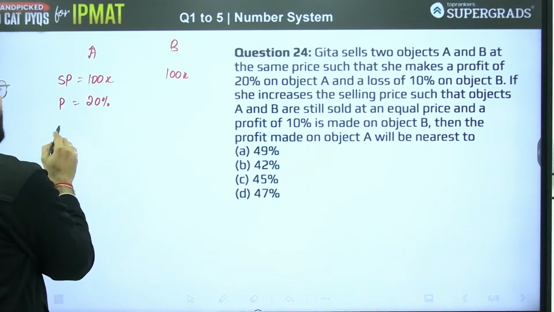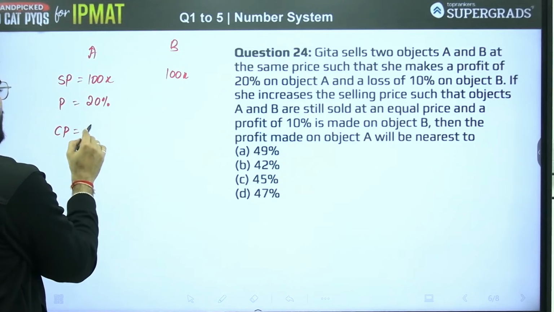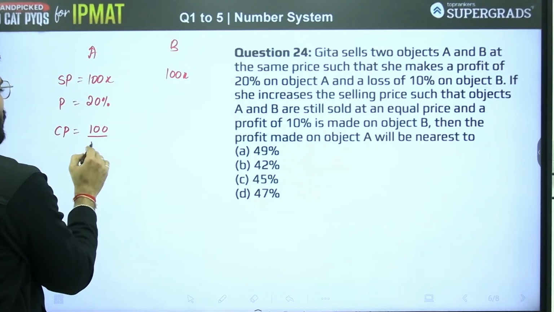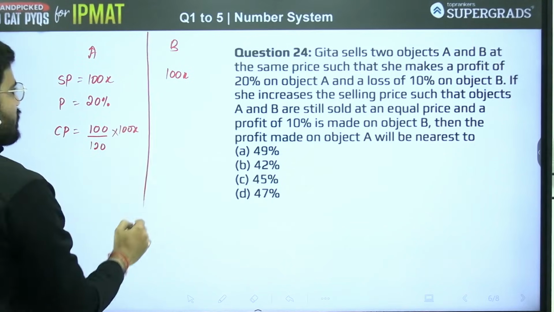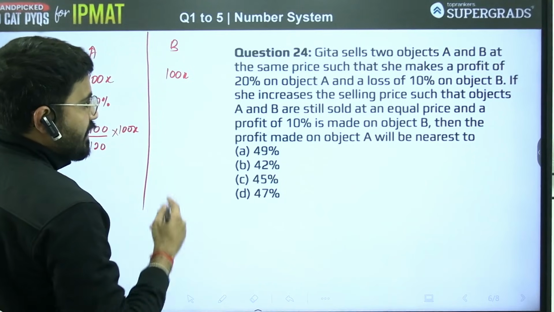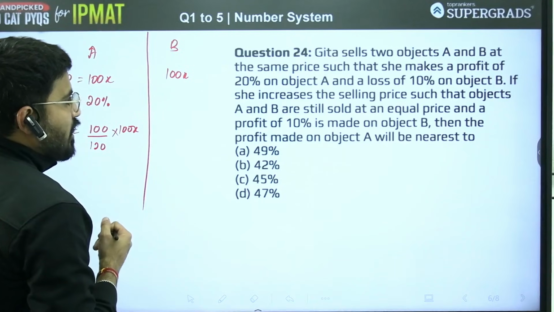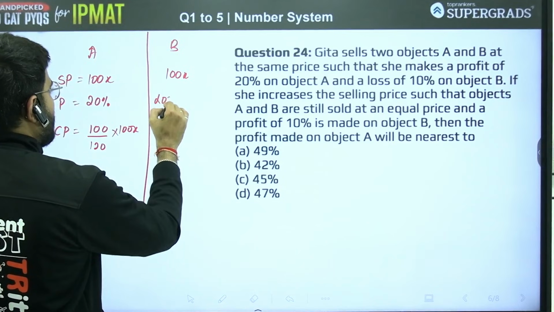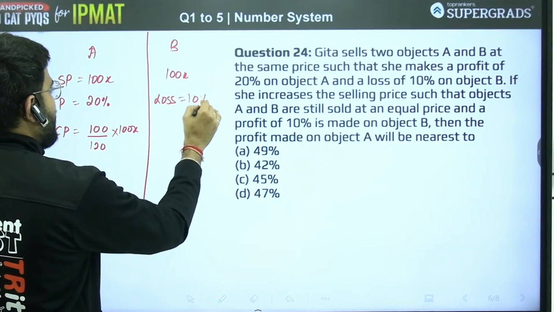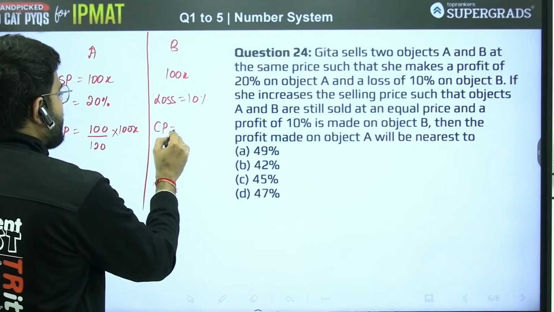So how do we calculate the cost price? So the cost price will be equal to 100 upon 120 into 100x. This will be my cost price of object A. And a loss of 10%. Here, the loss of 10% is given. So how will you calculate the CP?